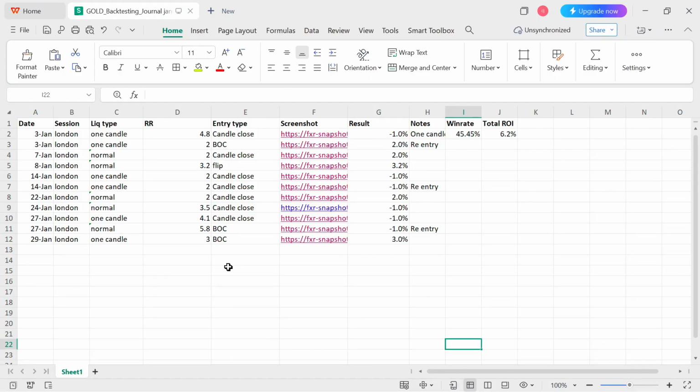Okay, so this is the final journal update. You can see we had a total of 11 trades and we had a 45.45% win rate, and our net ROI was 6.2%, which is not bad. That is if you risked 1% on every single trade you took in January.